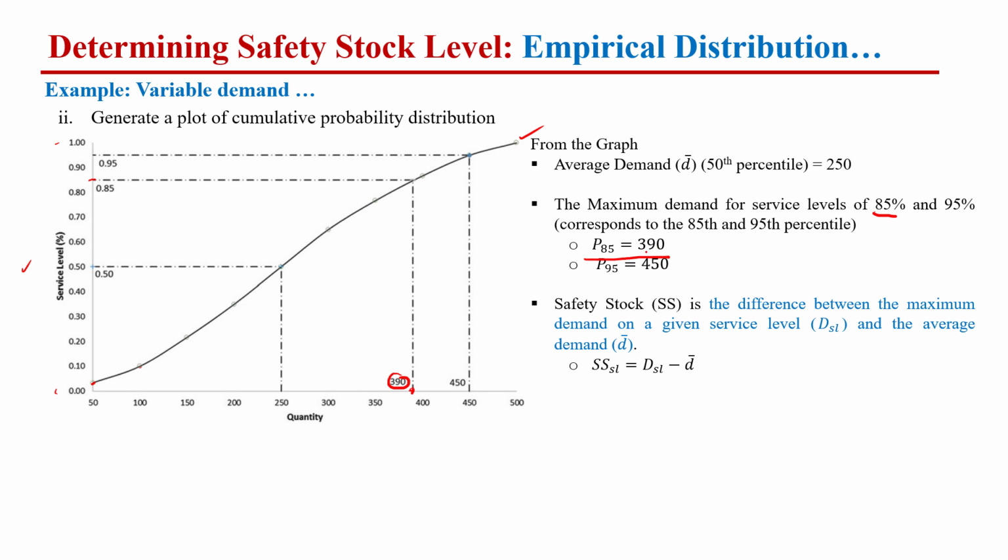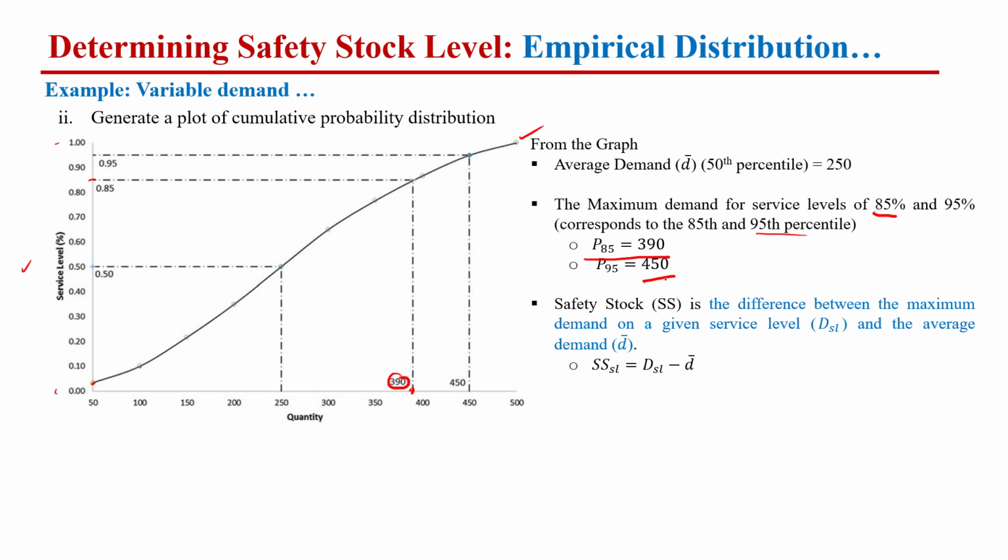That means at least 85% of customer demand is going to be fulfilled when the quantity is 390. Same is the case when we find the percentile against 95%: if we draw this line, it is 450.